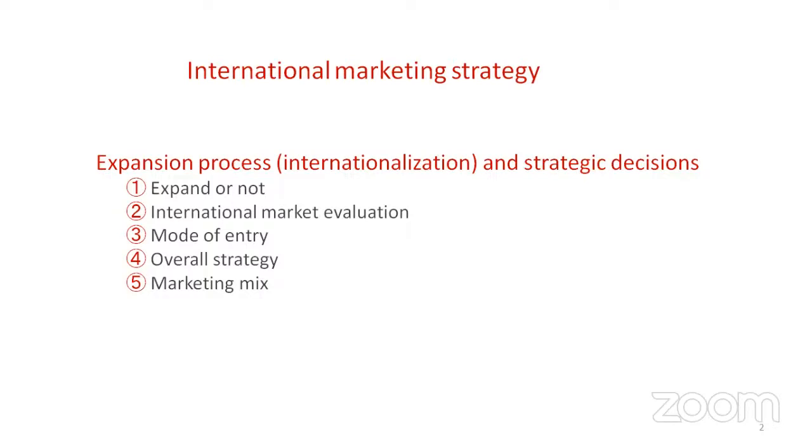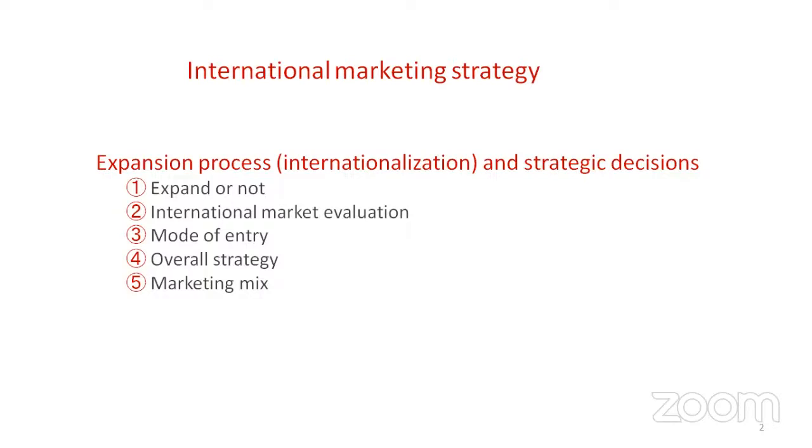Then he also looks at market feasibility: whether his product has good demand or not, whether commercial feasibility is there or not, and then cultural aspects. All these they will look into when they do the international market evaluation. Then the mode of entry, and how to enter the market.